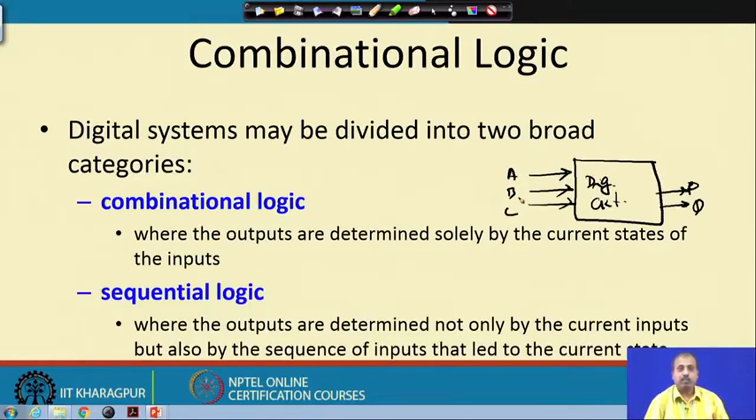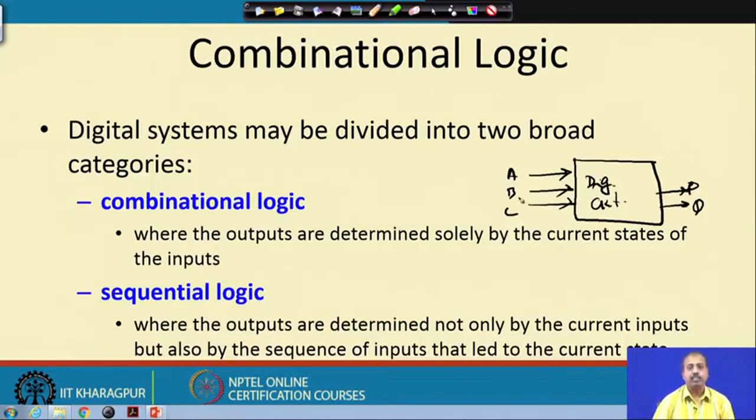On the other hand, there will be another class of circuits where the output P and Q will depend not only on the current value of A, B, C, but on the previous values of A, B, C also. Like if you observe the system from time t equal to 0 and at present you are at time say t equal to 10, then the output PQ at time 10 will depend not only on the values of A, B, C at time 10, but also on the values of A, B, C at time instants 9, 8, 7, 6 up till 0.